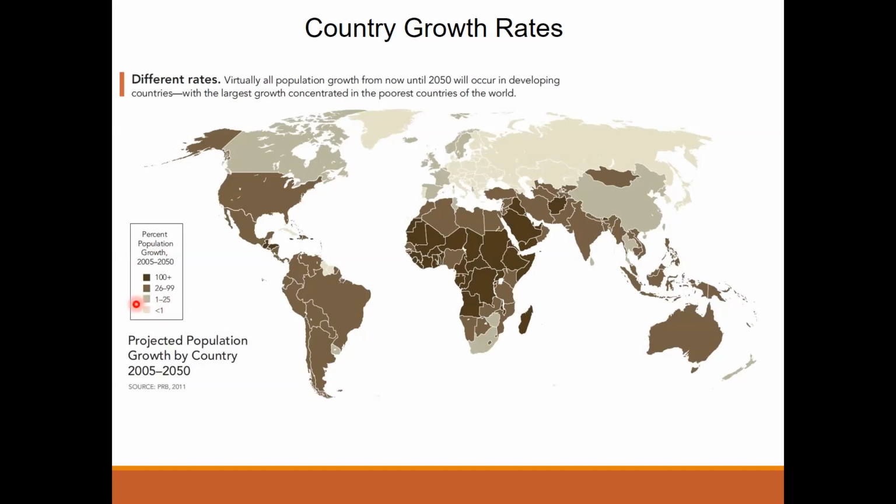And then all of these other regions are growing, albeit some of them quite slowly. This light gray is growing more slowly. And as you move into this color, brown, it's growing a little bit more quickly. And then this is predicted to double in population between 2005 and 2050, these regions of the globe here.